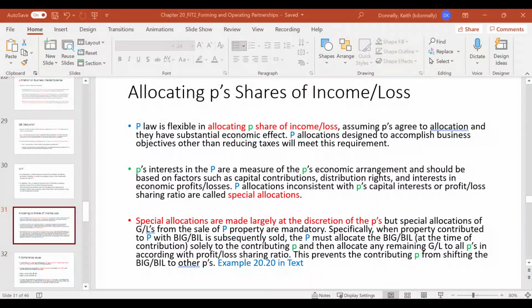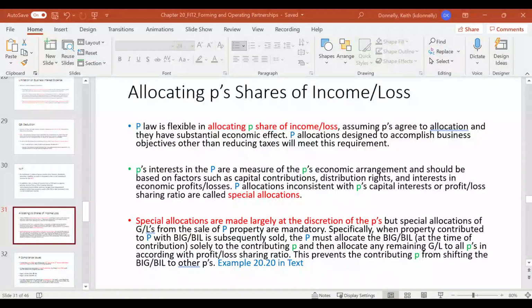You can pick and choose, generally, as long as there's a legitimate business reason for doing so and it's not for pure tax avoidance. This whole idea is called special allocation. So basically, you can specially allocate how you want to create these profit or loss sharing ratios.